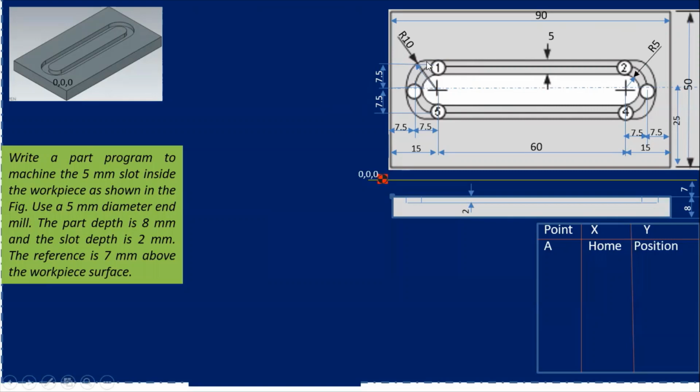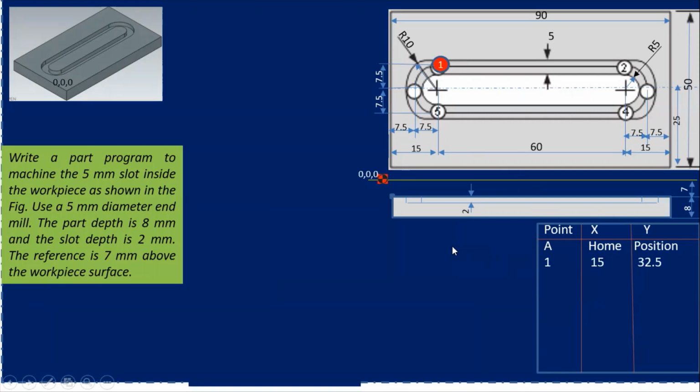But I don't want these dimensions, I want the center of this. So for the center, I subtract 2.5, because the radius of the cutter is 2.5. That is how I get 7.5 and 7.5. These dimensions are very important, otherwise it is very difficult to find the coordinates.